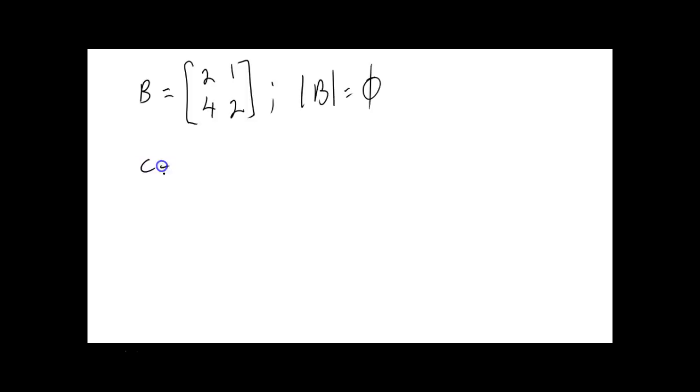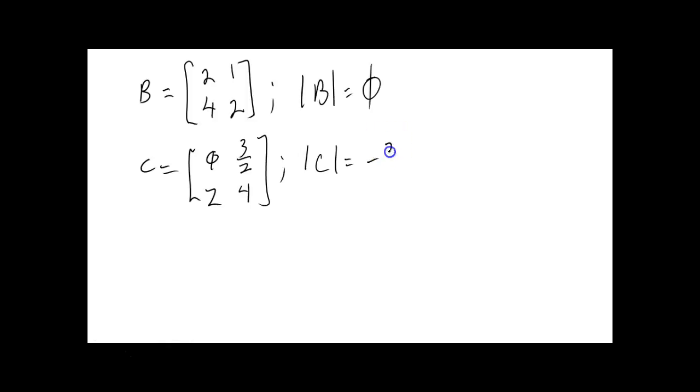How about C here? C is the matrix 0, 3 halves, 2, 4. What is the determinant of C? Negative, isn't that 3? It's 3 halves, not 1 half.